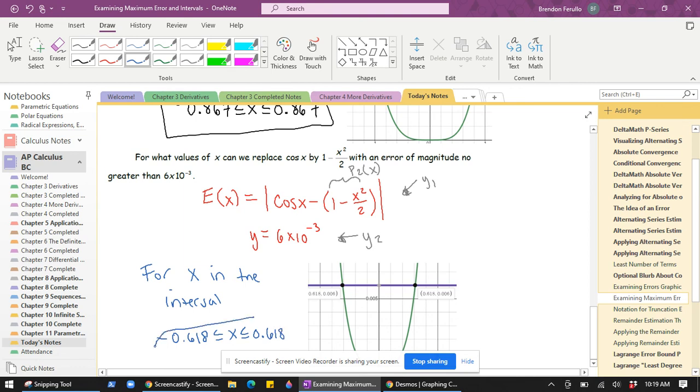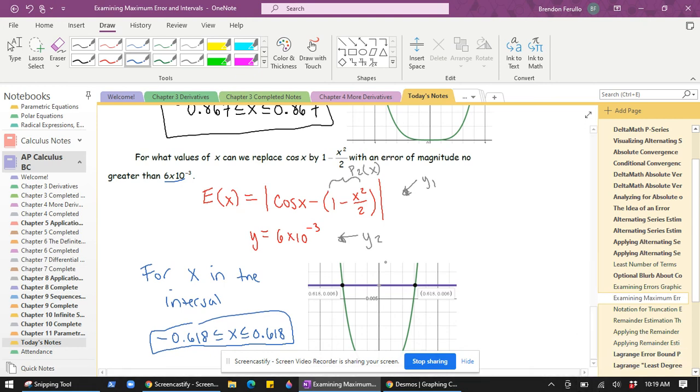Okay. If we want to make sure our error is no more than this number, we can use our second degree polynomial, but only in between those x values. After you go beyond that, the errors get greater than what we wanted.